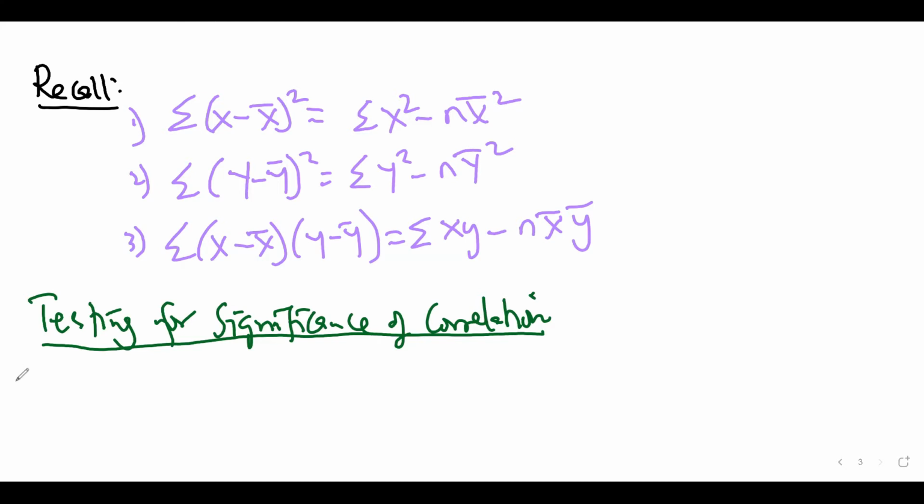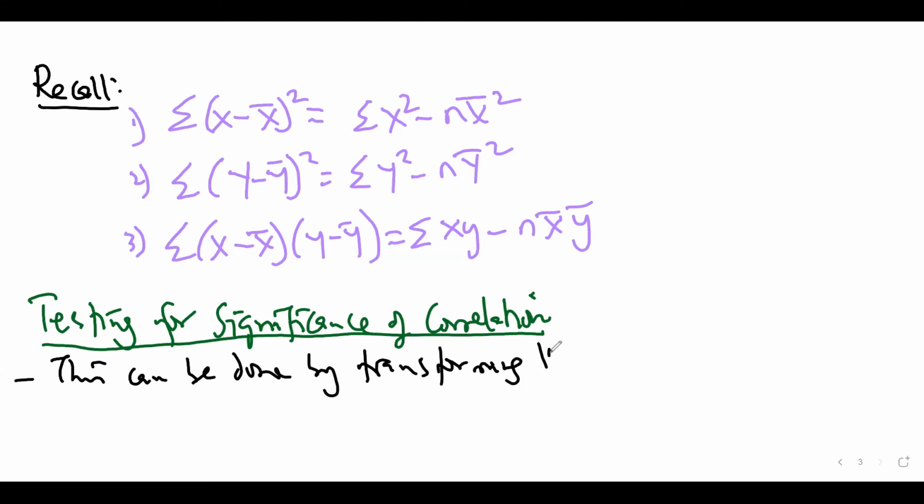This can be done by transforming the correlation coefficient to a t distributed variable.